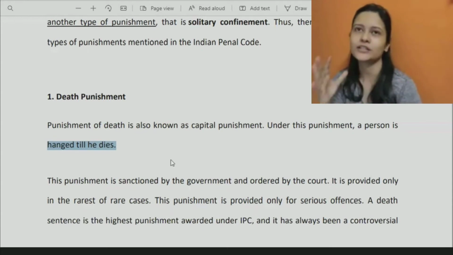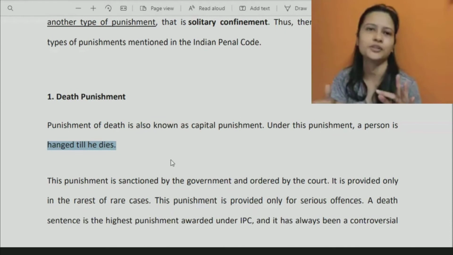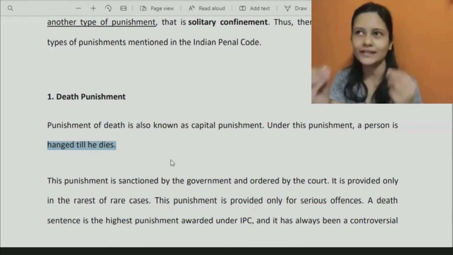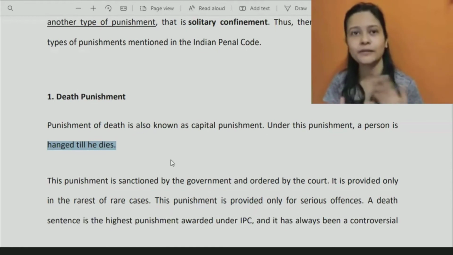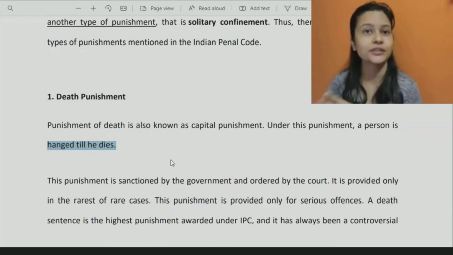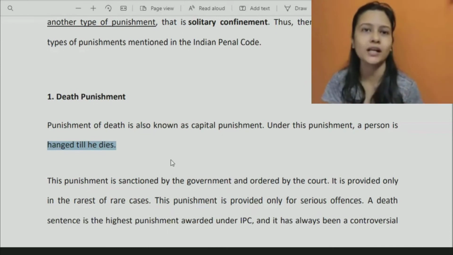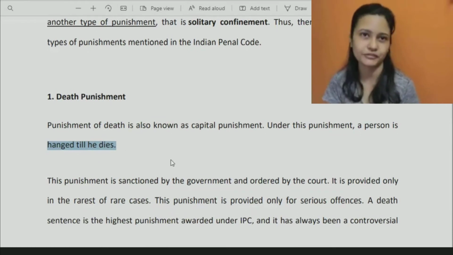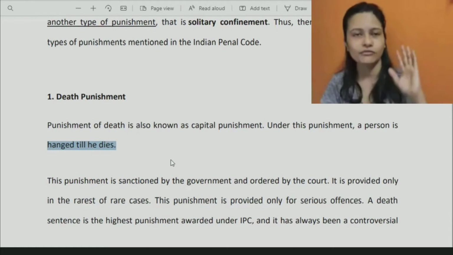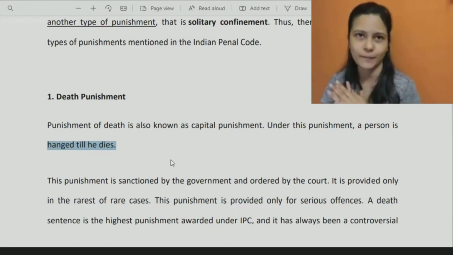Previously, it used to be, okay, hang this person. Once they tried, if something went wrong and the person did not die in the first attempt, it would be assumed that maybe the person was innocent, that God is saving him. We cannot punish a person twice for the same wrong, right? It's given under the Constitution also. For one wrong, you can punish only once.